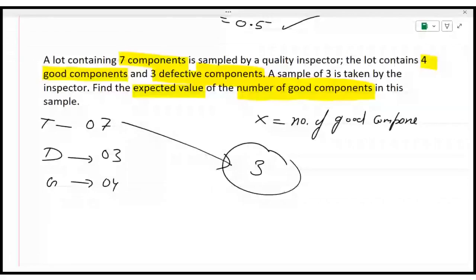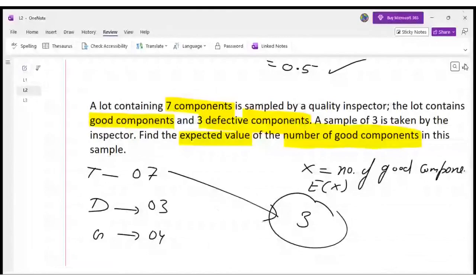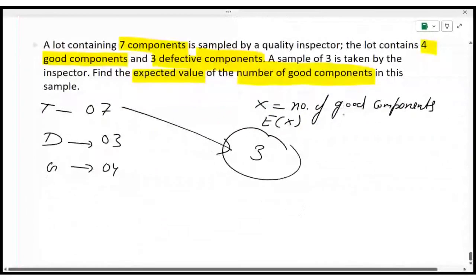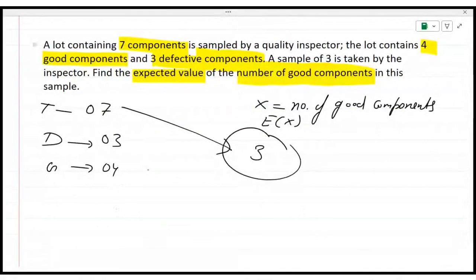And what we have to find? We have to find the expected number of good components, so we have to find E of x. Now students, if we have to find the expected value, we must know the probabilities for the different possible cases. When the inspector is selecting 3 components, what are the possible numbers of good components?